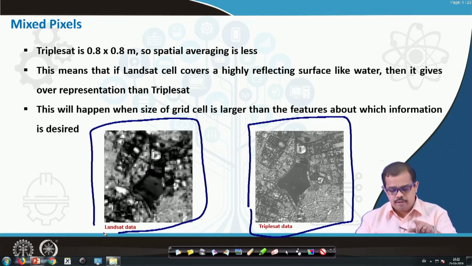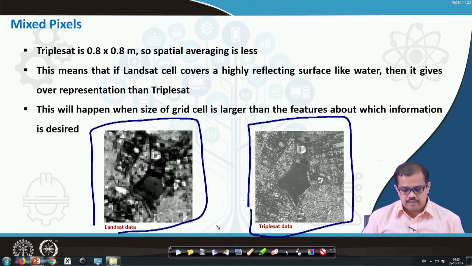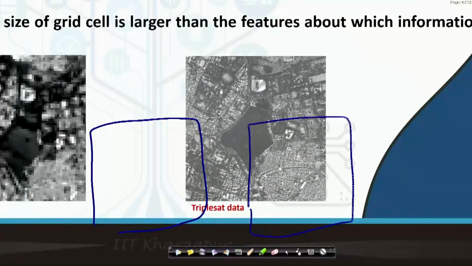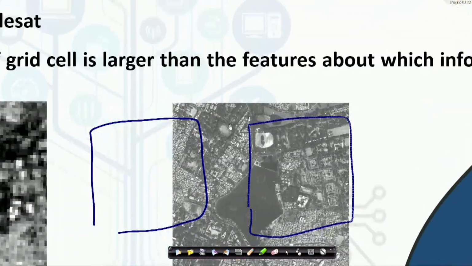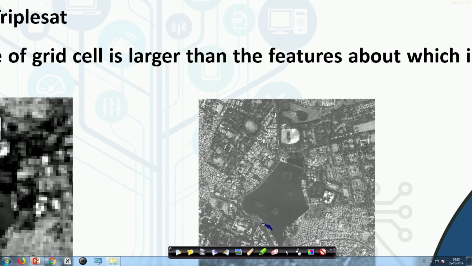This is probably from Bangalore. So this is TripleSat data. This is the Bangalore data that we can see. For example, when we go and look at this particular data and zoom in, you can see the amount of detail. This particular thing is a lake, a water body.